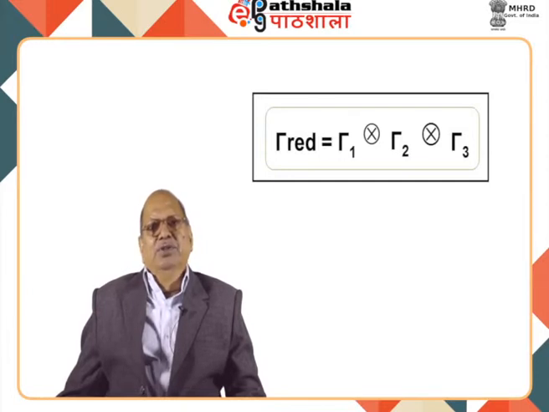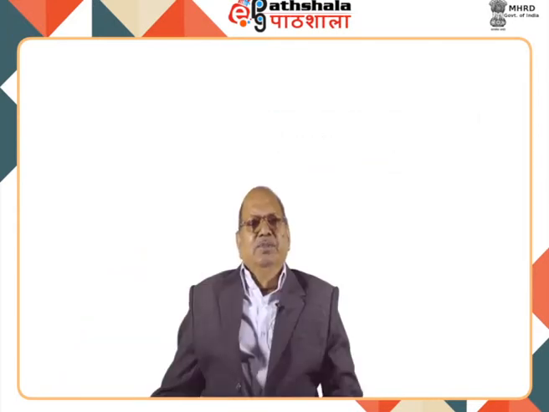Here the symbol which is written over here does not mean a plus sign or a multiplication sign. It is simply a direct sum which has been taken. The meaning of this has already been explained in earlier modules.